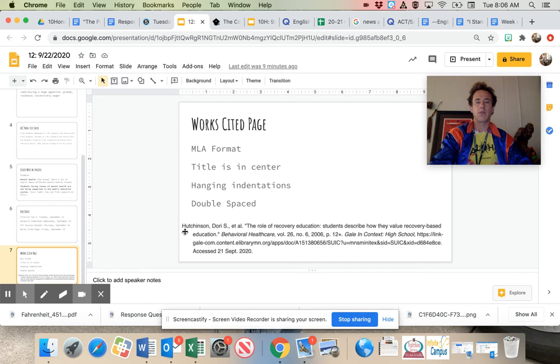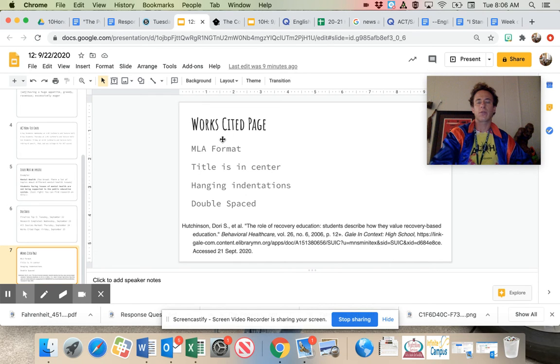Here's an example of what a hanging indentation works cited entry might look like. You'll have a link in today's folder for accessing the database that I've recommended.